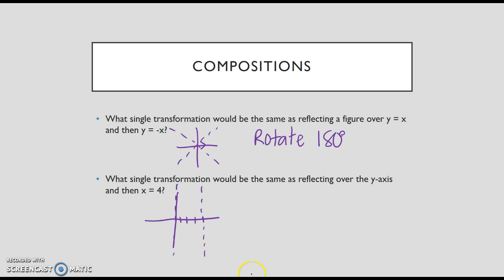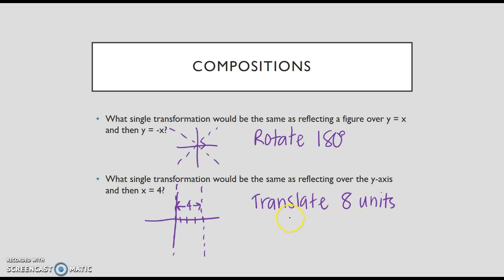The other conclusion we were able to draw is that reflecting over parallel lines is the same as translating twice the distance between them. These are both vertical lines, so they're parallel, and they are 4 units apart, which means it's going to be the same as translating 8 units.